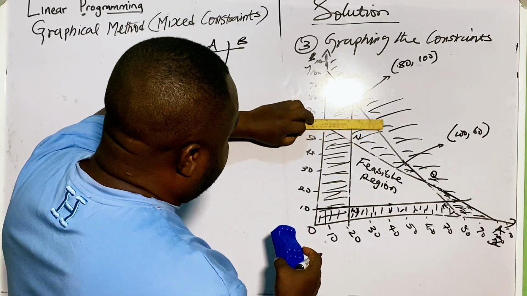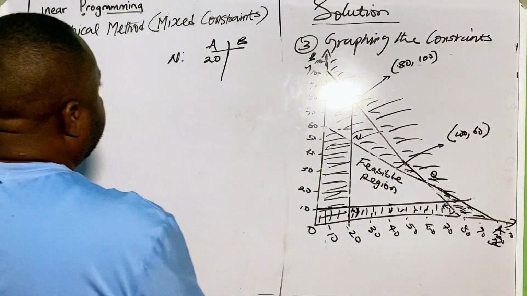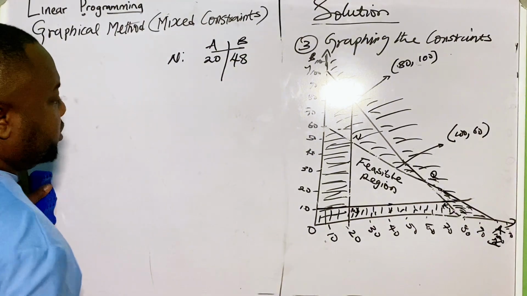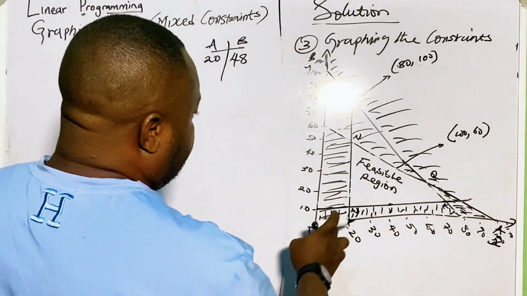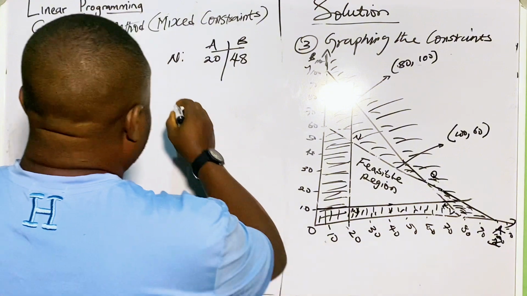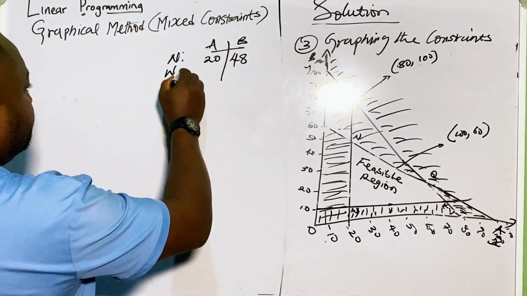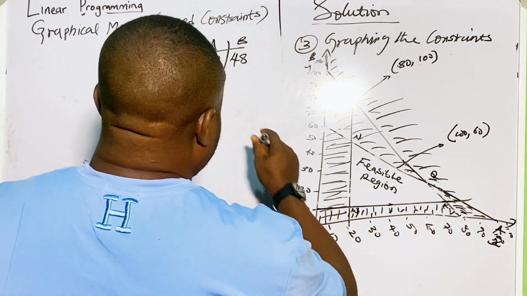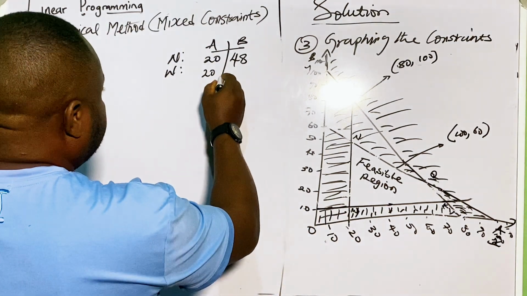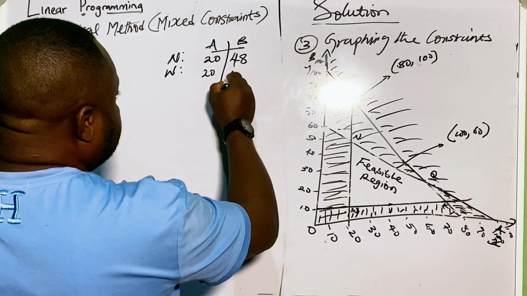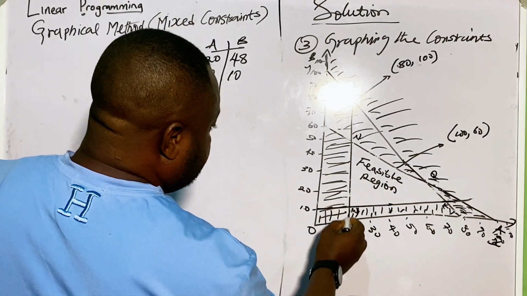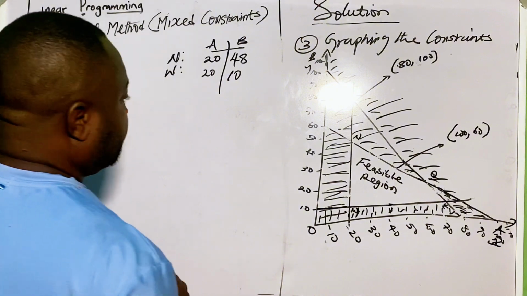So let's just take 48. If you use your graph, it's going to be more accurate. Then at point W, we have A to be 20 and B to be 10. That is this point. A is 20, B is 10.